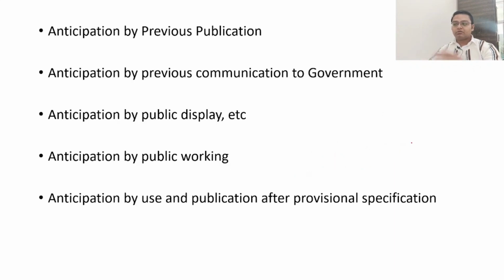So when we talk about section 29, it talks about previous publication. If your invention was published before making the application, this section 29 can be used.